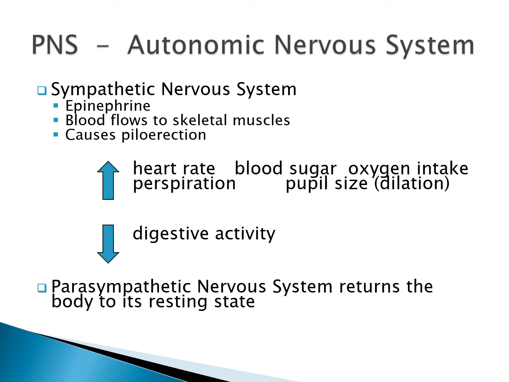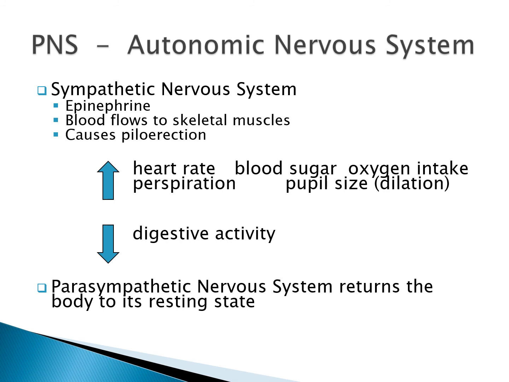So I put the sympathetic nervous system and a synopsis of what it's doing on this slide, and then just have this awareness that the parasympathetic nervous system is returning the body to its resting state. And it's not exactly doing the opposite of the sympathetic nervous system. First of all, sometimes they are both working at the same time, depending on what our body is going through.